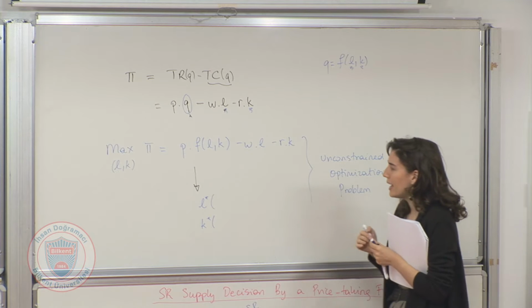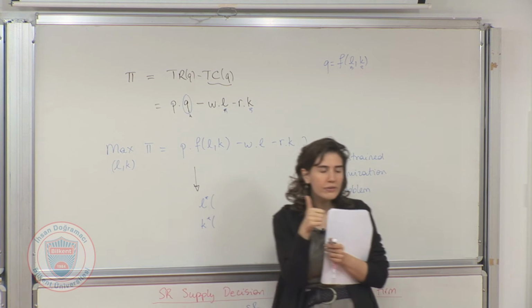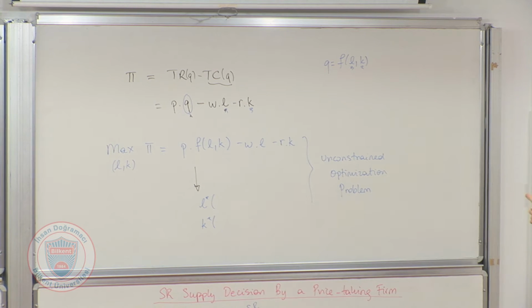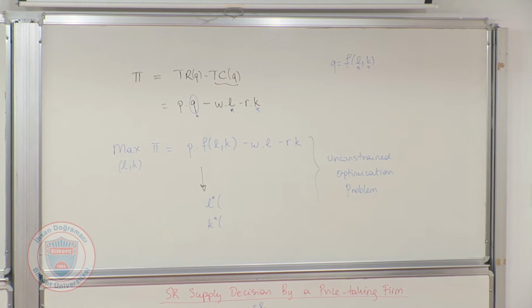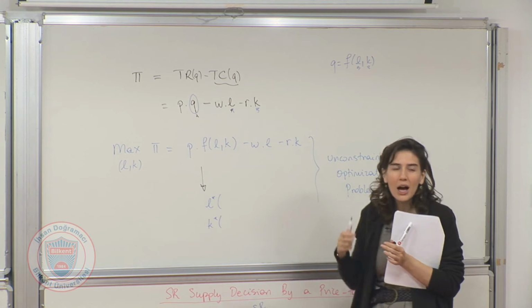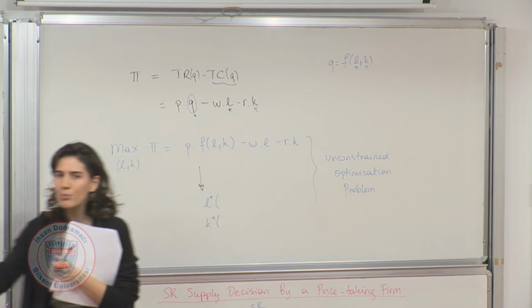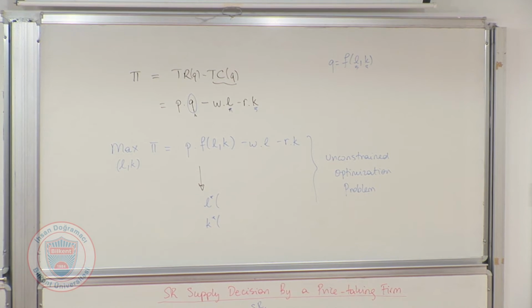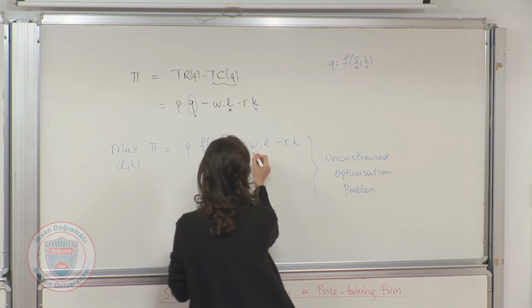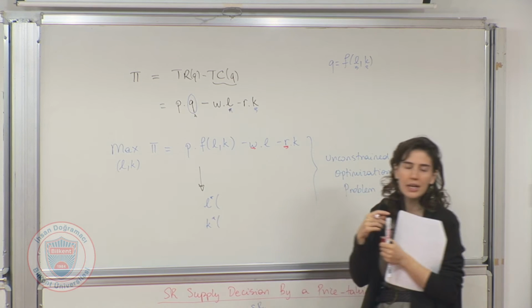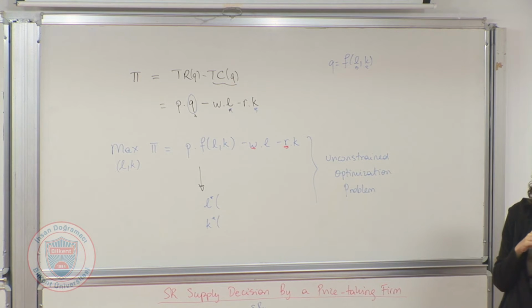Okay? But when I solve this, now you guys know, these optimal levels would be functions of what? Remember, it was usually functions of parameters, right? What I always think of is: what is given to me? They have to give me the wage rate, they have to give me R, and I'm a price taker, so I take P as given.